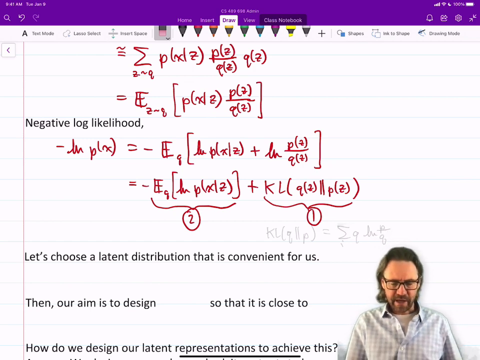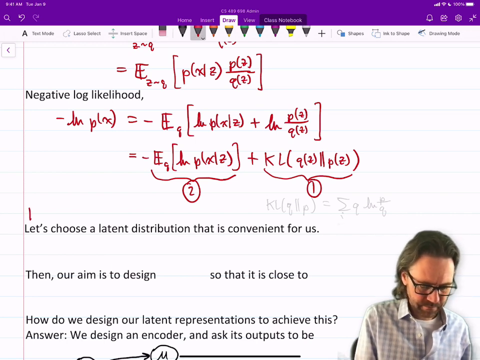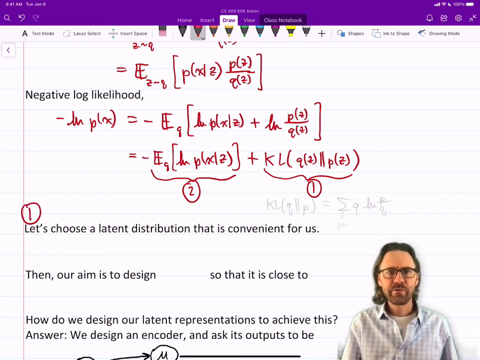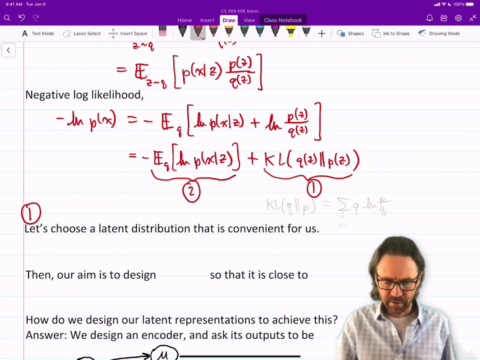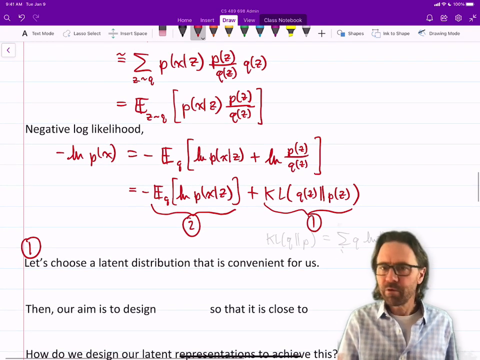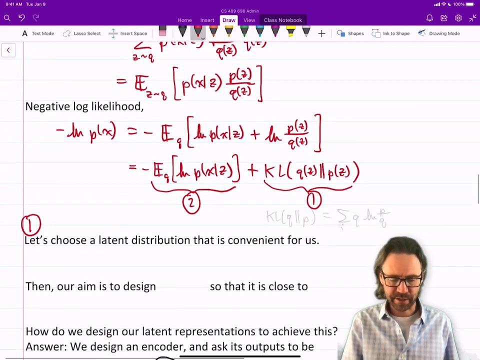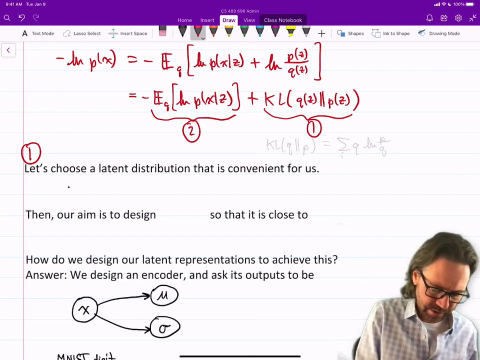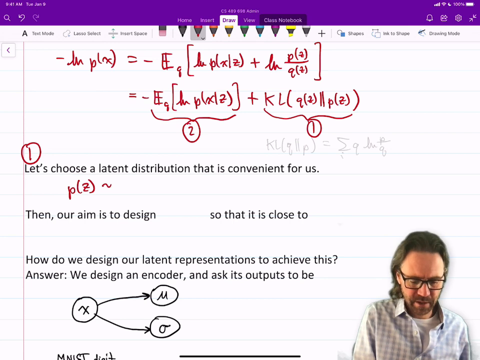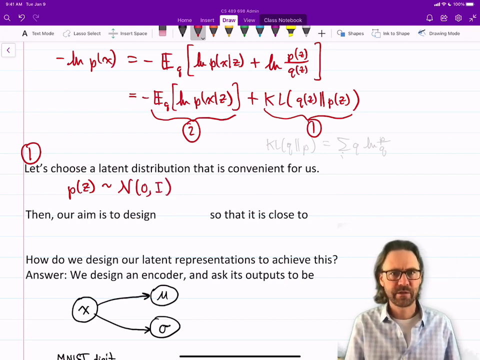Okay, so let's look at 1 first. So let's choose a latent distribution that's convenient for us. We don't know what P of Z is, but it seems that we have some flexibility to choose what we want our latent space to look like. So let's choose a latent space representation that's convenient. We're going to say our P of Z is going to be normal with mean 0 and covariance matrix identity.